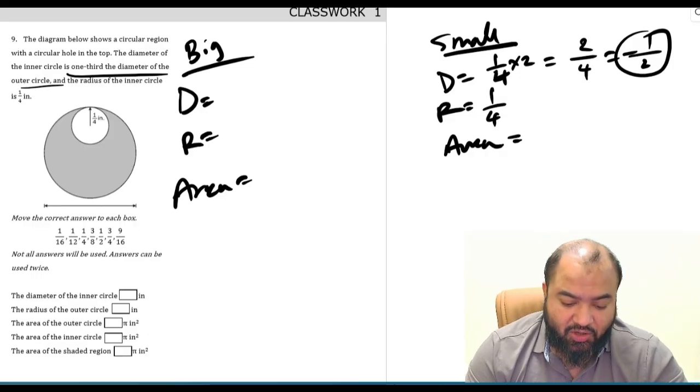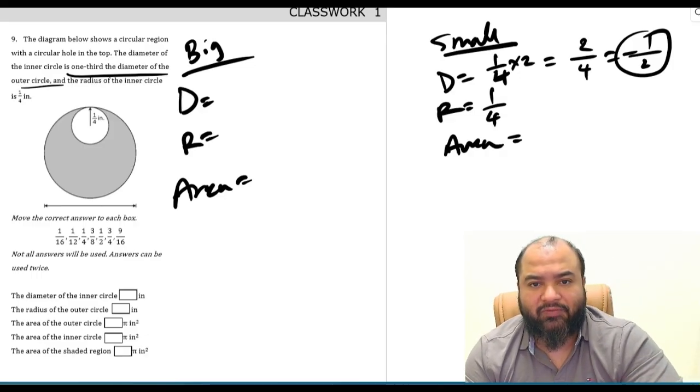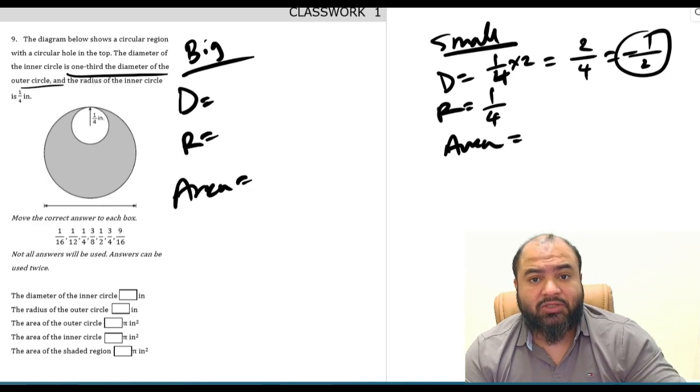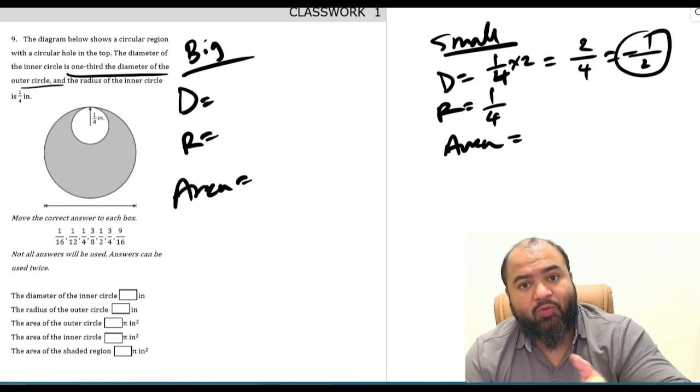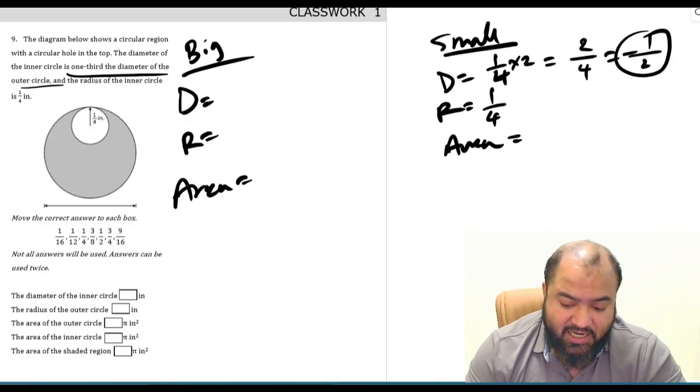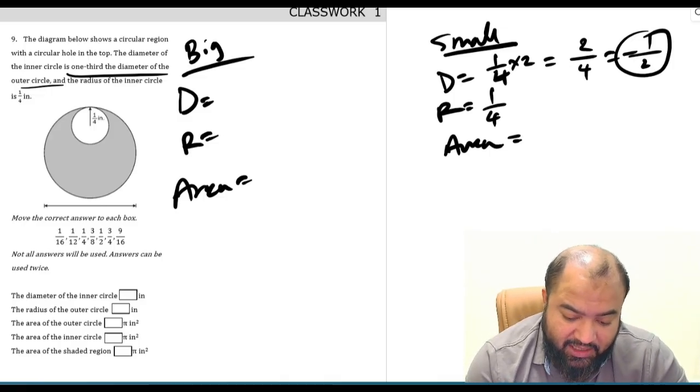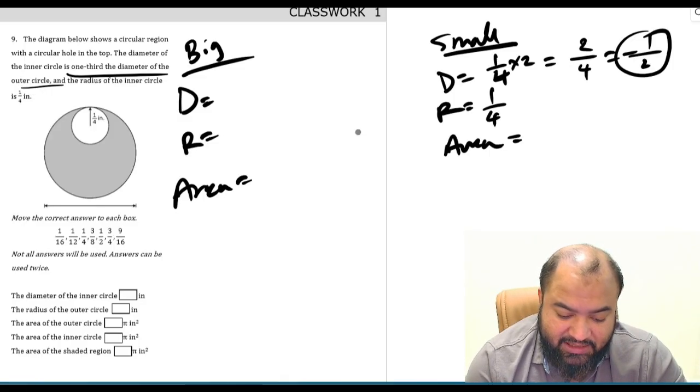Okay, let's say you have $5 and your friend has $15. So your friend has 3 times more than you, or you can also say that you have 1/3 the money your friend has. Now similarly, the big diameter will be 3 times. So this is the 1/3 the diameter of the outer circle.